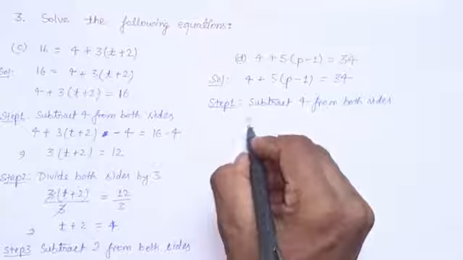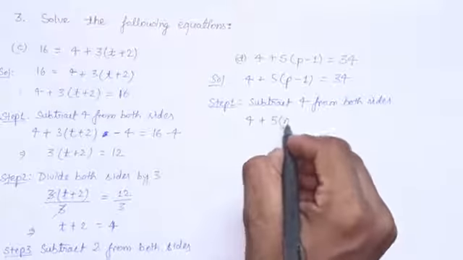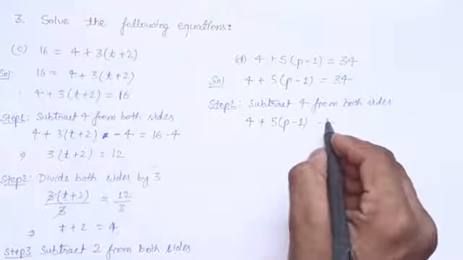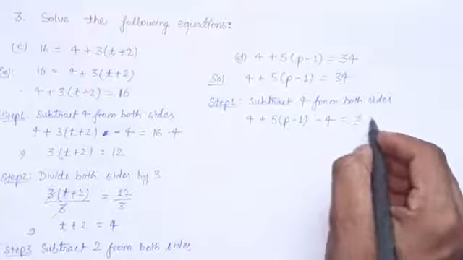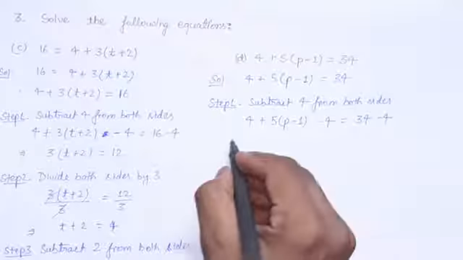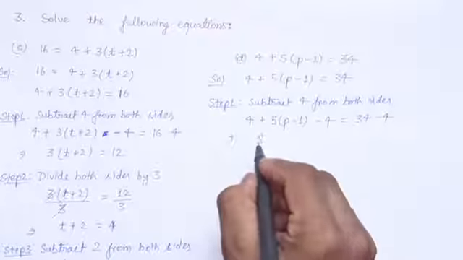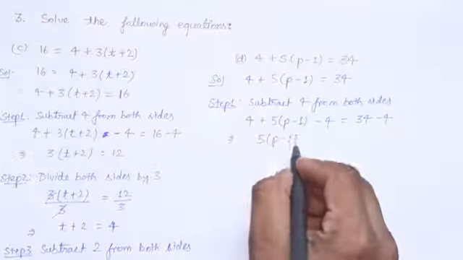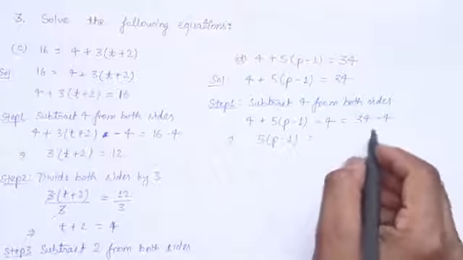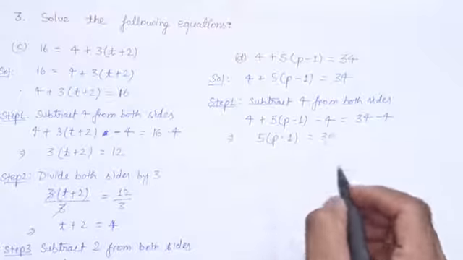So we can write 4 plus 5 times (p minus 1) minus 4 equals 34 minus 4. Here 4 and minus 4 cancel out. So we have 5 times (p minus 1) equals 34 minus 4, which is 30.